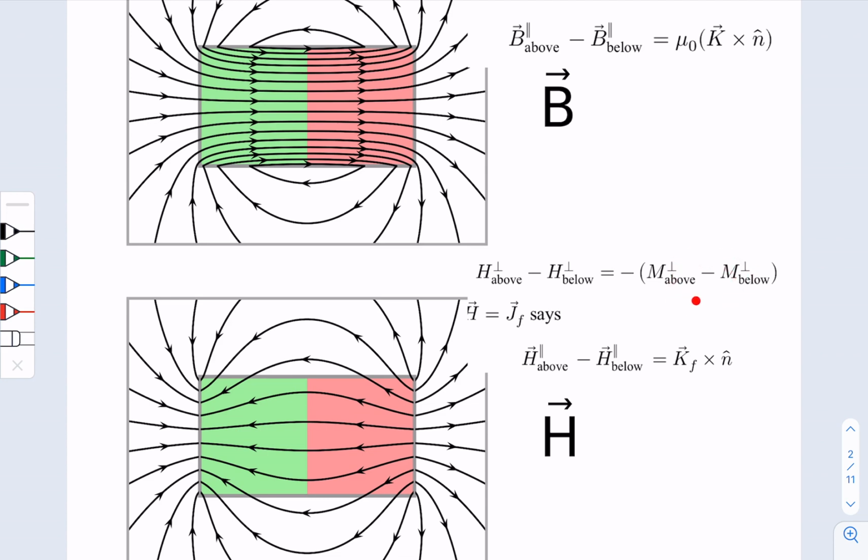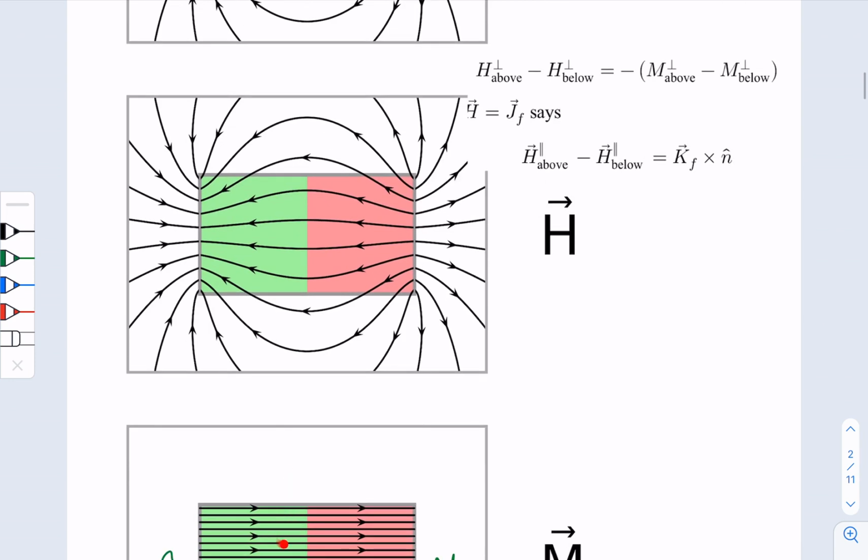Because this is calculating the perpendicular component of the difference of M. Inside, the perpendicular component of M is 0, and outside, the perpendicular component of M is also 0, because this M is along the parallel direction of this edge. So this means that the H field should be continuous along the edge over here.